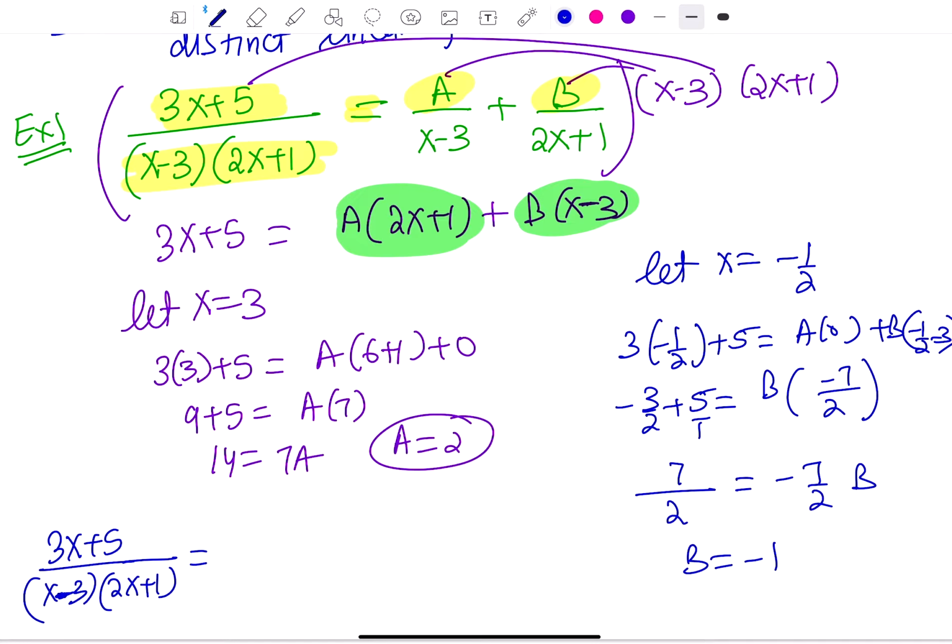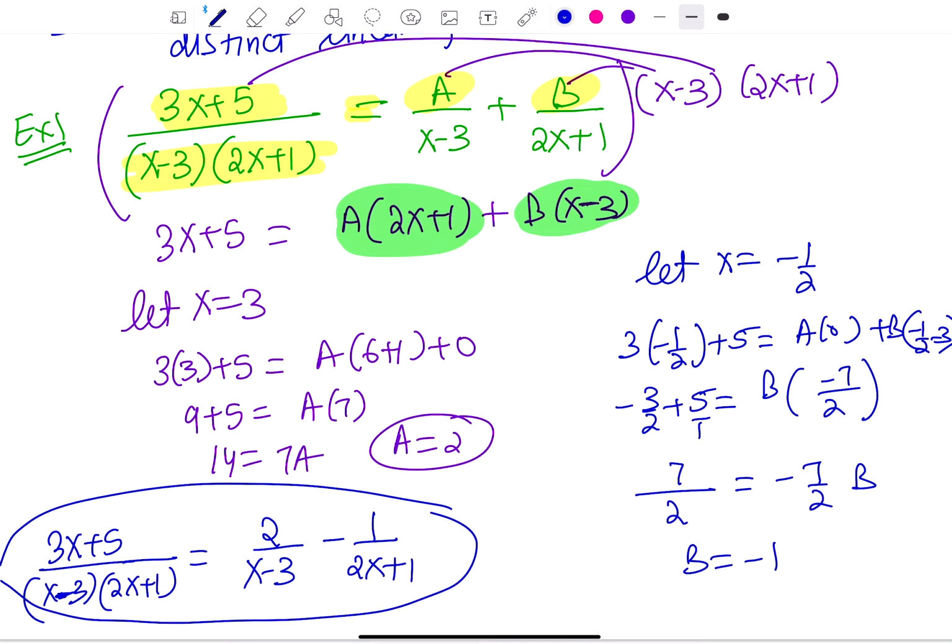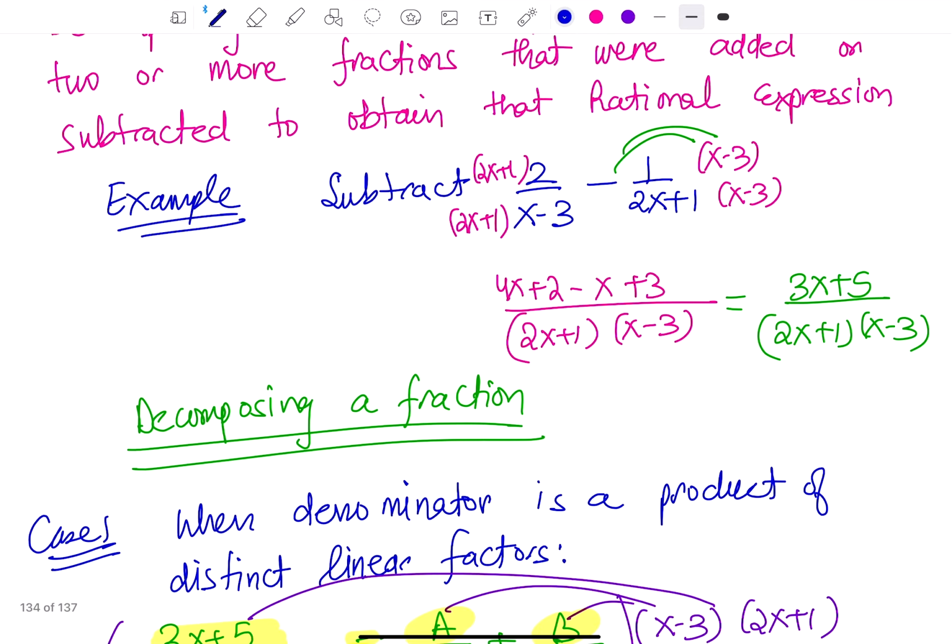So replace A: 2 over x minus 3, and B is negative 1 over 2x plus 1. So these were the two fractions that were subtracted to obtain this new fraction, and that process is called partial fraction decomposition. And we can verify that, yeah, that's correct. These are the two fractions we started with to get this new fraction.